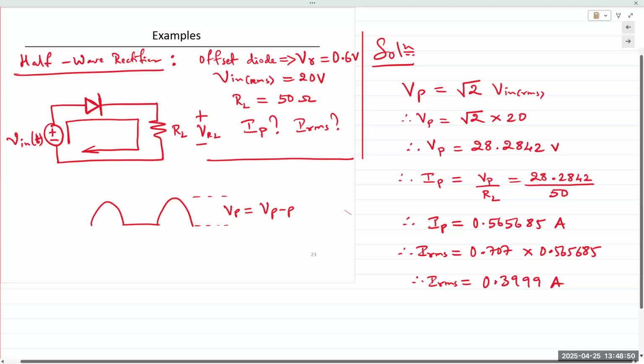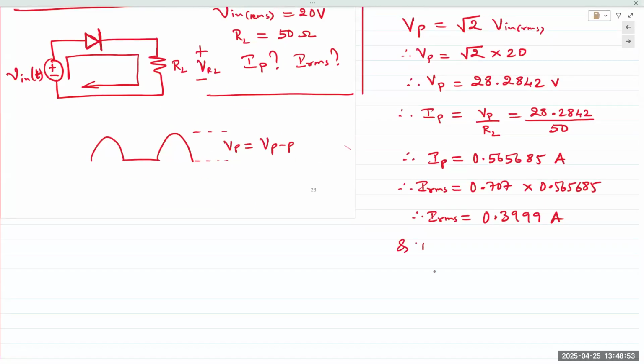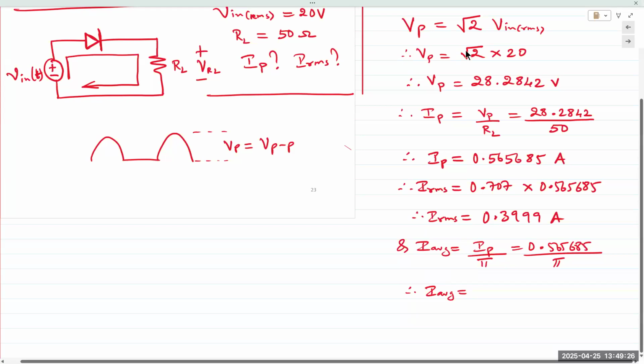All right, so let's now find the average value. Average value would be IP over pi. So what does that come out to be? Anyone?